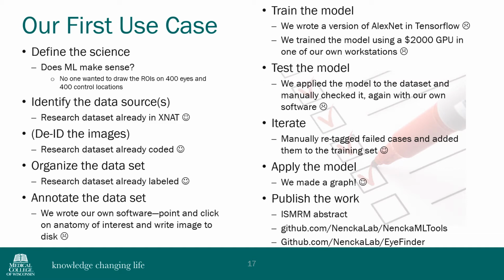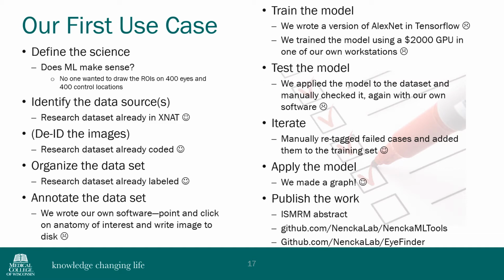Then we identified and trained a model. We wrote a version of AlexNet, which is one of the first deep learning networks for image identification, using TensorFlow. It's a non-trivial process to write that model, and in fact AlexNet is pretty basic. And the more advanced, higher performing networks that are out there will perform better, but we didn't have the expertise to write them.